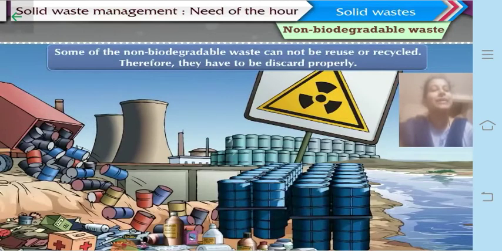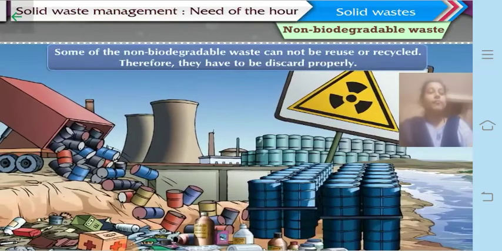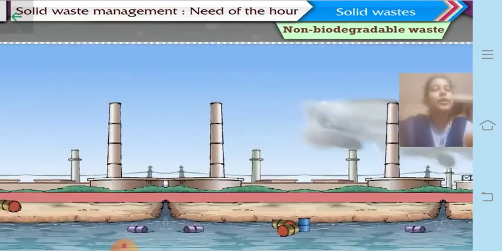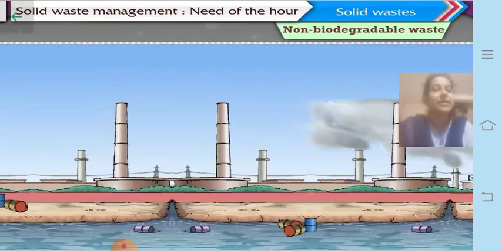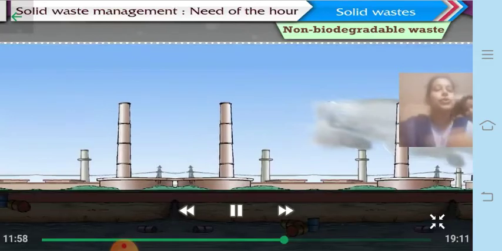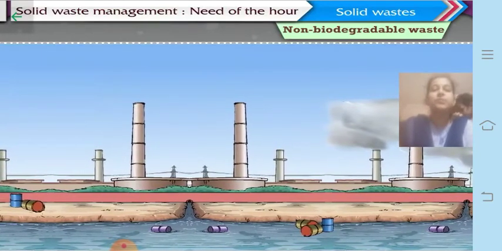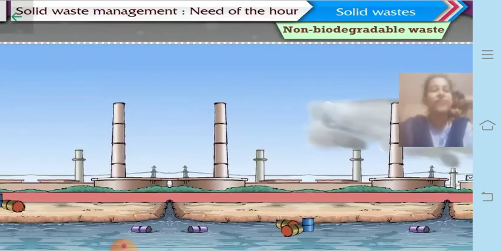Some of the non-biodegradable waste cannot be reused or recycled, therefore it has to be discarded properly in the landfilling sites. Otherwise, if it is not disposed of properly, it will be a major issue of pollution. Therefore it is necessary for all of us to take care of solid waste effectively.